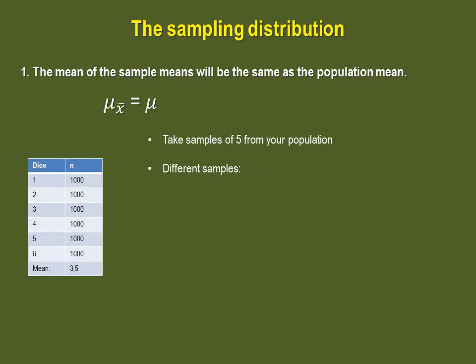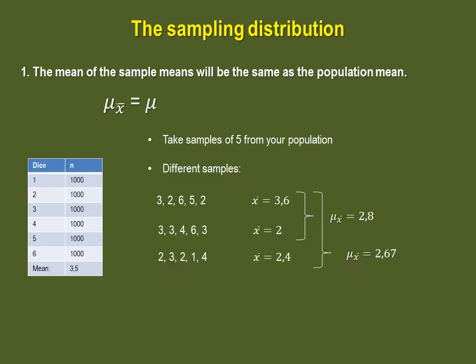Now, by taking samples of 5 values from your population, you can end up with many different samples. For example, you can end up with these 2 samples. Each of these have a mean of 3.6 and 2. If we take the mean of our 2 means, we end up with a mean of 2.8. Now, if we add a third sample that has a mean of 2.4, our mean of means is now 2.67.